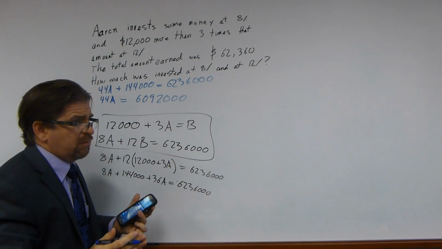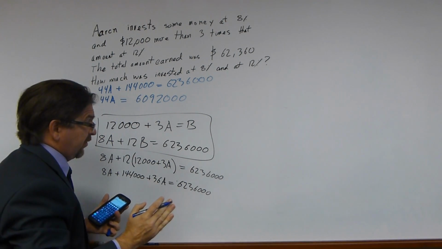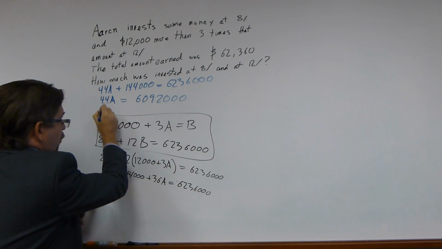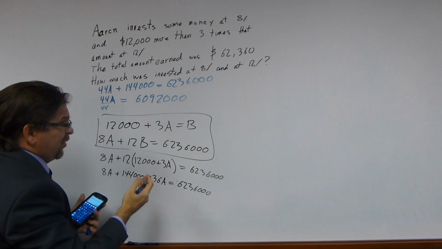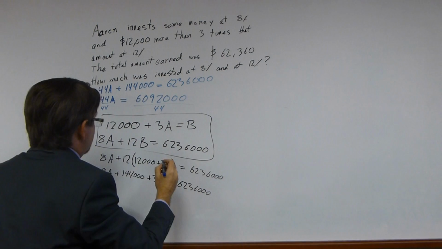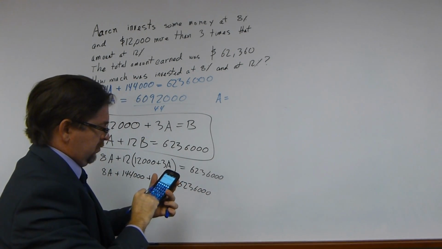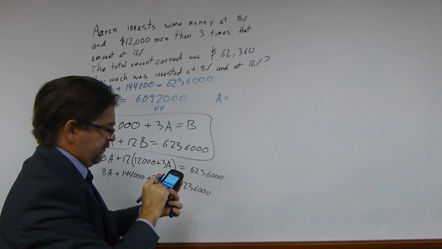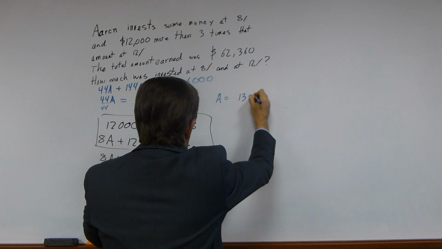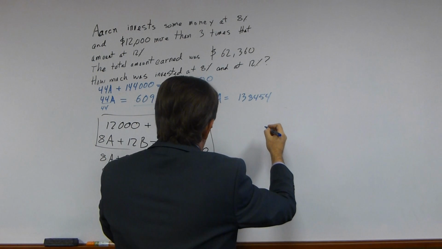Remember what we do to one side? We can do anything we want as long as we do the same thing to both sides. So I'm going to divide both sides here by 44, because 44 over 44 is 1. So this divided by 44 gives us a equals 138,454.5.